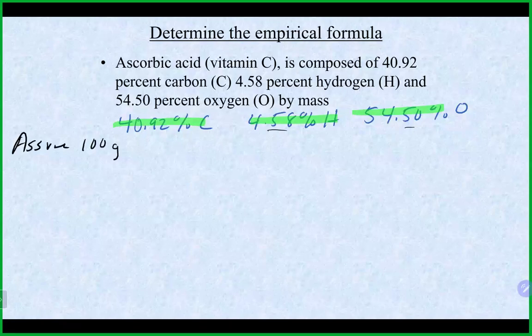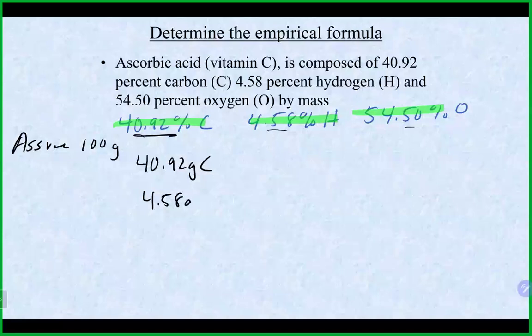The reason we assume 100 grams is that it doesn't change any of the numbers. It just keeps the numbers the same, so it makes it easier. All you have to do is take the percentages and make them into grams. So if we assume 100 grams, we would have 40.92 grams of carbon, 4.58 grams of hydrogen, and 54.50 grams of oxygen. So that's our first step, to get everybody into grams.